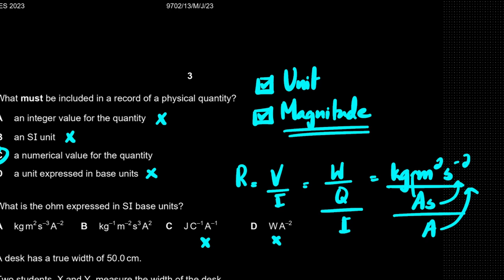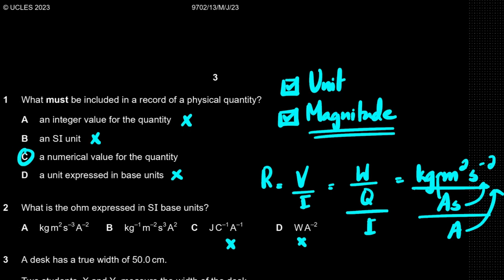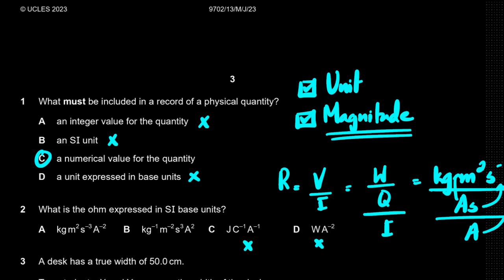So it's kg meter square per ampere square per second cube. So that is obviously A here, right? Kg meter square per ampere square per second cube.